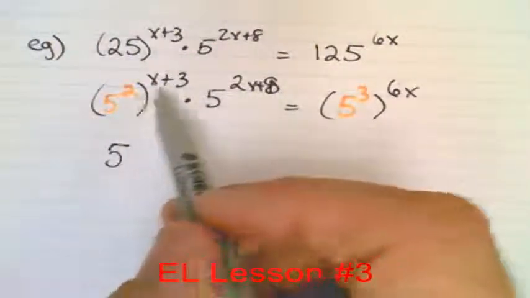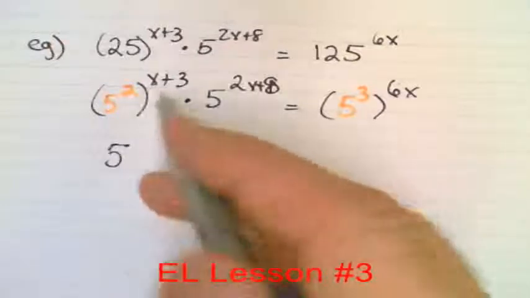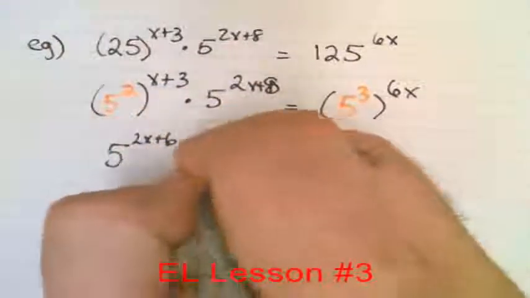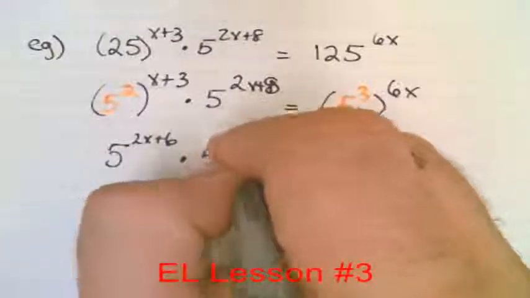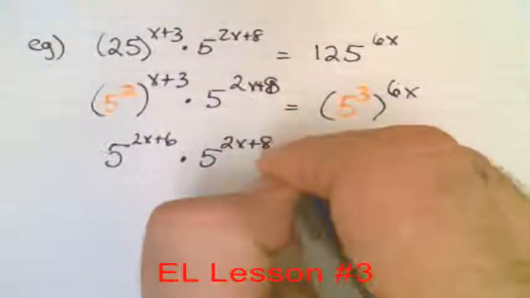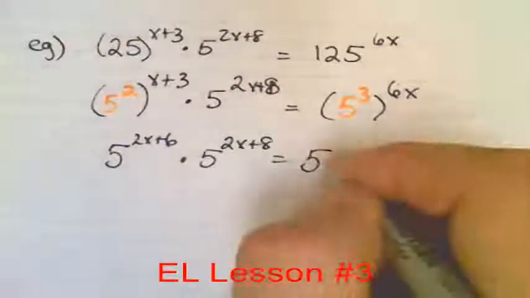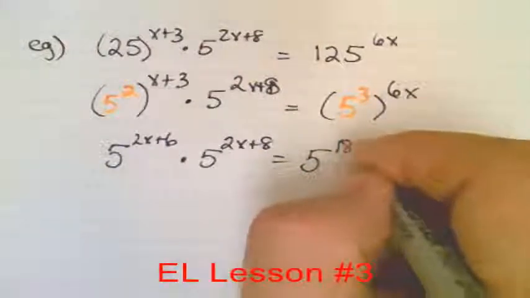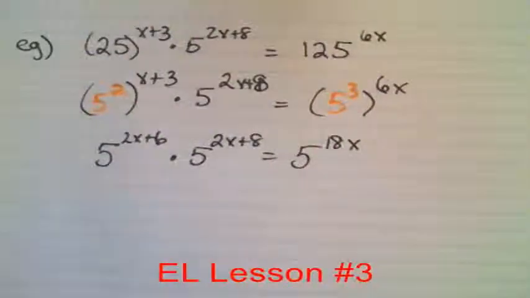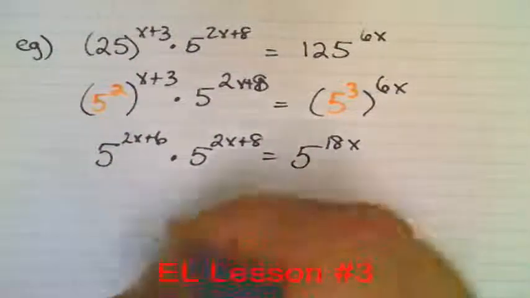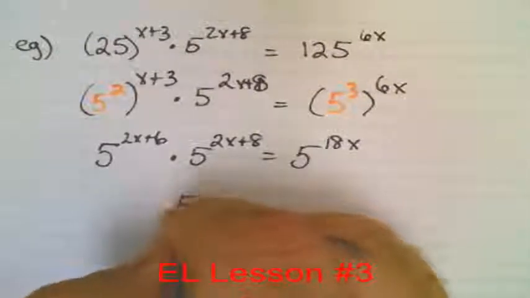So I'm going to get 5 squared times this. Keep the base the same, 5. Multiply the exponents. 2 times x plus 3 is 2x plus 6. Here I get 5 to the power of 2x plus 8 equals, and here I'm going to get 5 to the 3 times 6x, which is 18x.